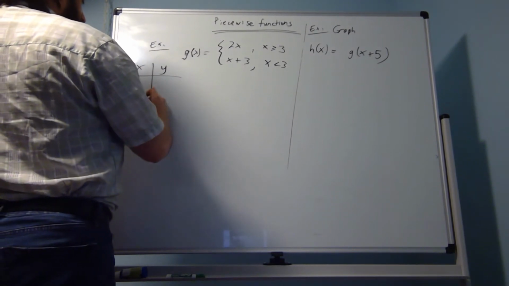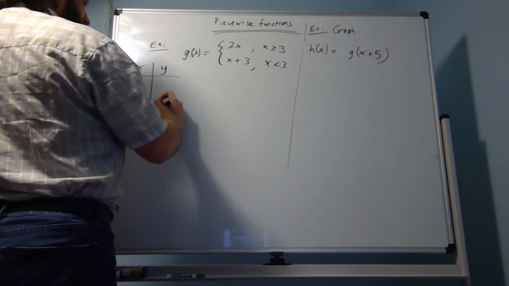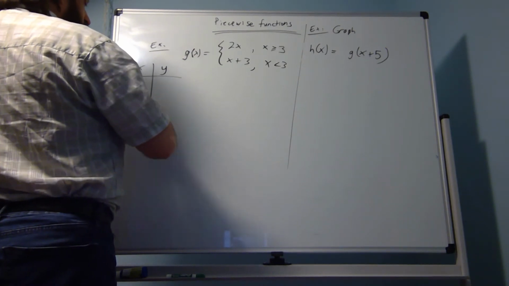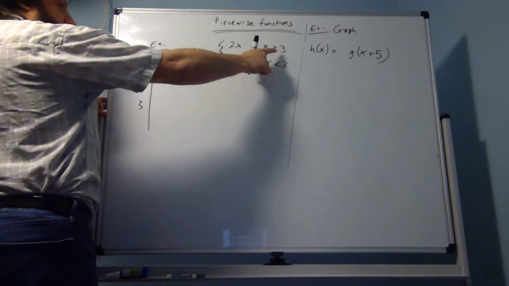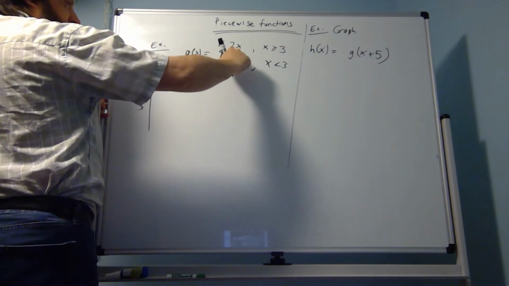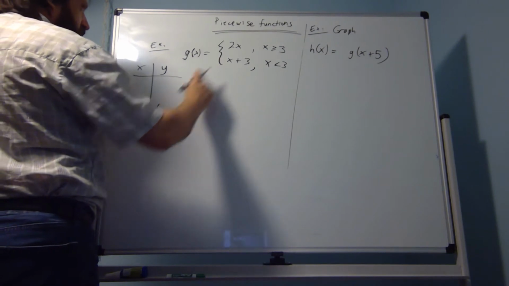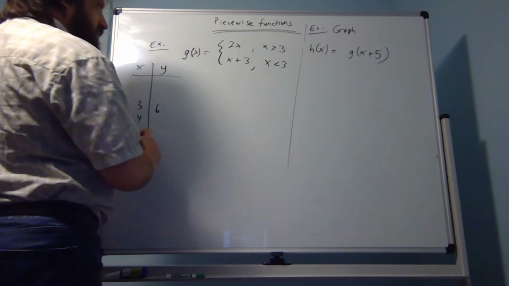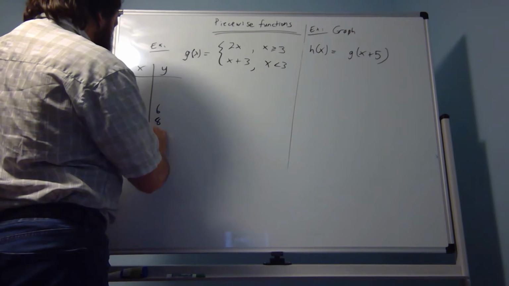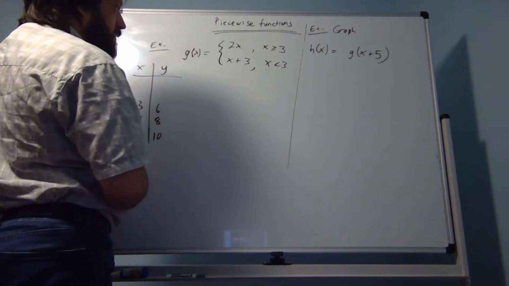So we definitely want x equals 3 to be the center of our attention. When x is equal to 3, we're in case 1, so we get 6. When x is bigger than 3, we're still in case number 1. So we plug in 4, we get 8. We plug in 5, we get 10.